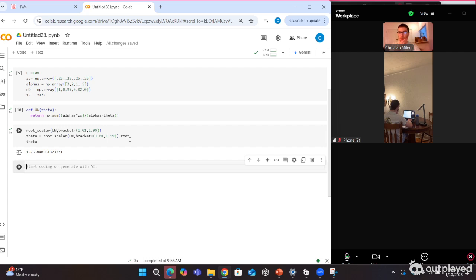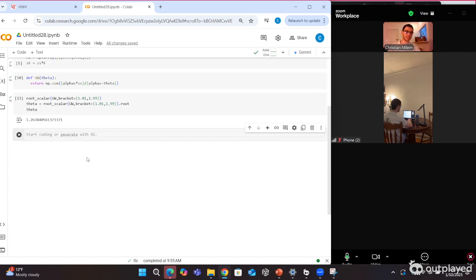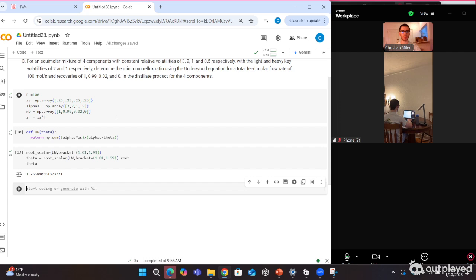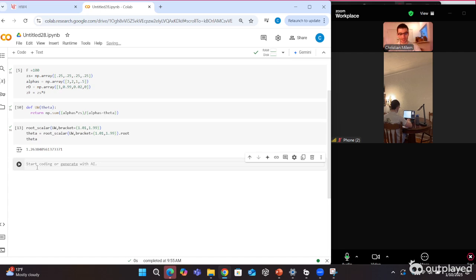So we can plot this. I saw in the example problem that they plotted it, but all that it asks us to do is find our minimum reflux ratio. So I guess we'll plot it, but it's not necessary, I don't think. We'll need theta plots for our x-axis. We want it to go from, I think, 0.4 up until 3.1.